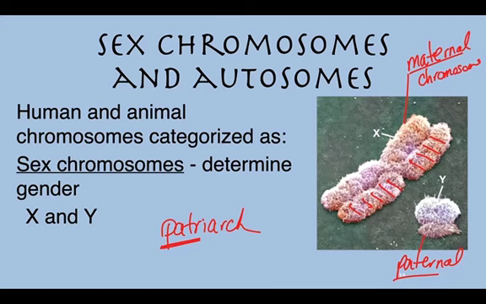So they didn't know anything about chromosomes, and they always assumed that because women were the ones that got pregnant, it's the women's decision, or it's the women's fault whether or not they have a male or a female. Now that we understand how genetics works, we understand that women are XX and men are XY.